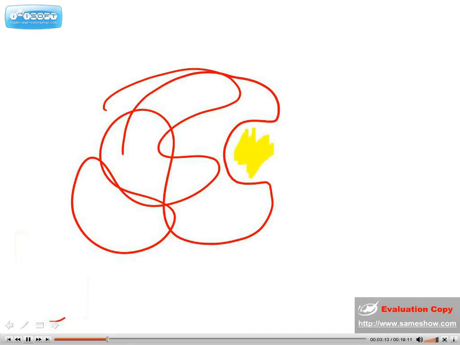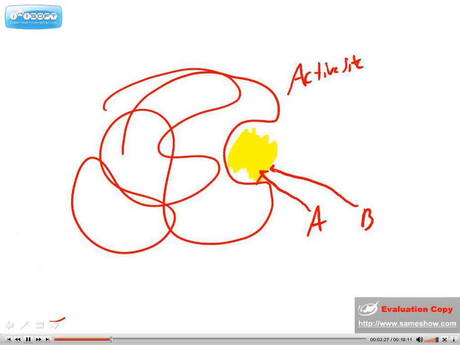This is what we call the active site on the catalyst. This is where our reactants A and B are scooped up, and the environment inside the active site is such that it catalyzes or speeds up the reaction.